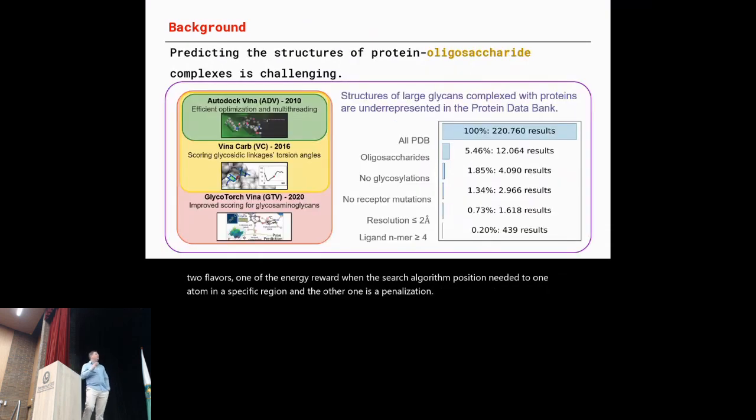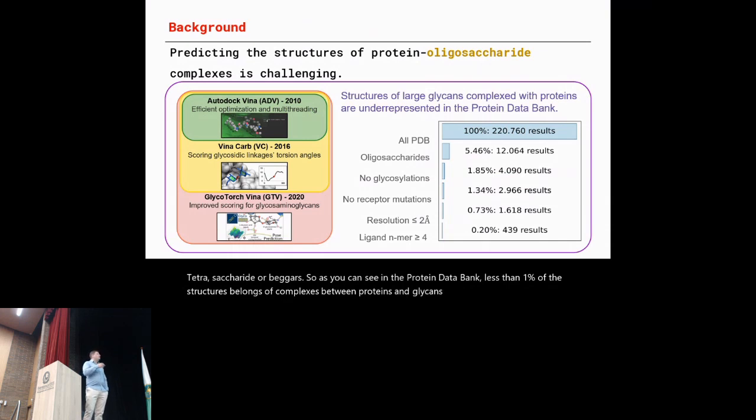The protein carbohydrate structure prediction is quite challenging, in particular for bigger glycans like tetrasaccharides or bigger. As you can see in the Protein Data Bank, less than 1% of the structures belong to complexes between proteins and glycans.